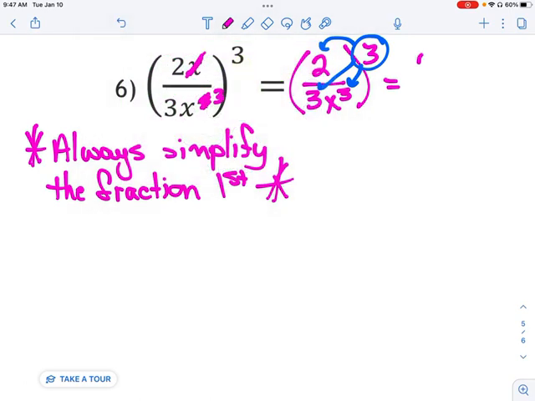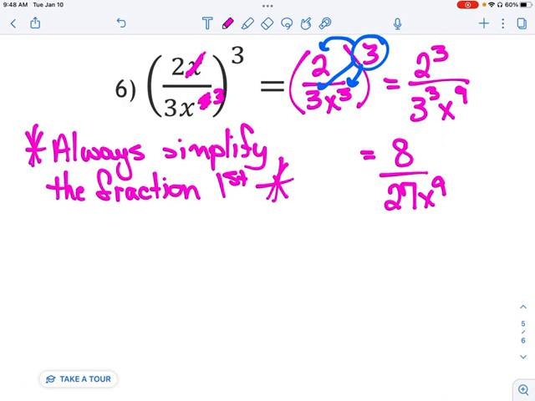So now what I have is 2 to the 3rd over 3 to the 3rd, x to the 3 times 3, which is 9. So now 2 to the 3rd, that's 8. Remember, that's 2 times 2 times 2. 3 to the 3rd is 27, x to the 9th.